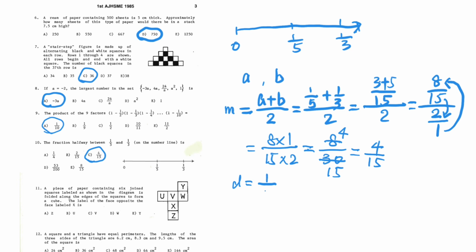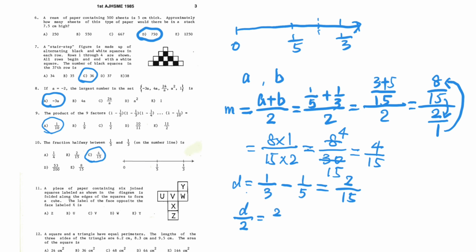1/3. Use the bigger number minus the smaller number. Distance is always positive. The LCD is 15, and 5 minus 3, that's 2. So half of the distance, because that's the half distance, we use d divided by 2.